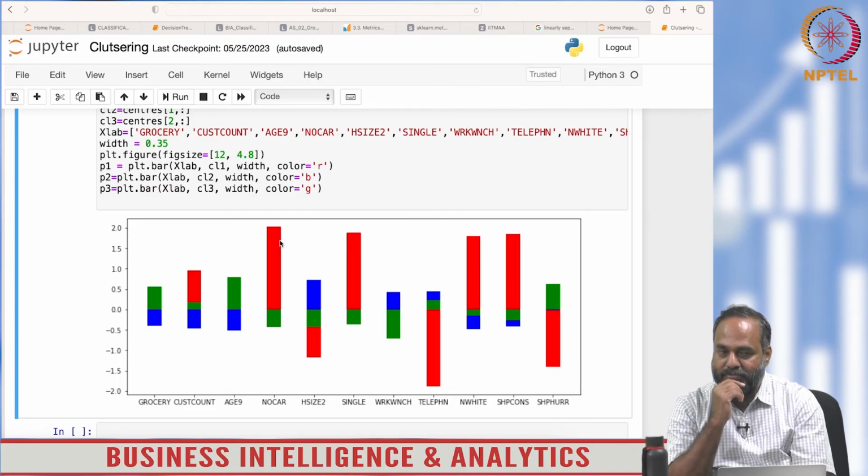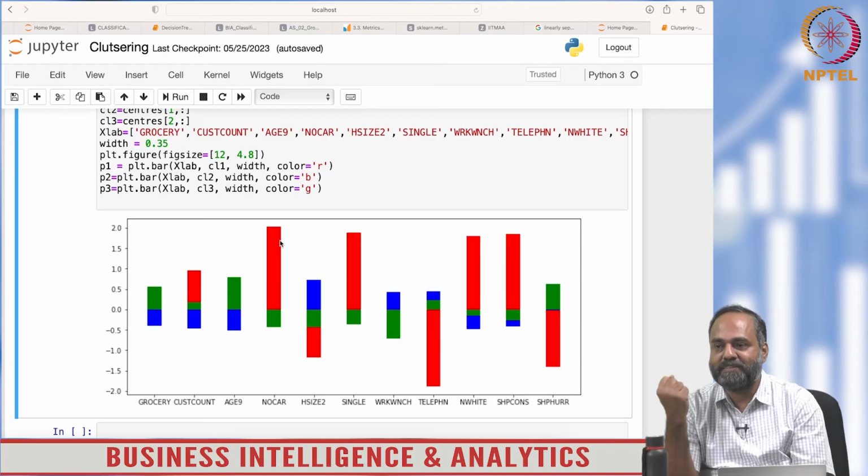In this cluster of stores, most customers don't have automobiles, and there is a large concentration of singles, but households of size 2 are very low. Those having a telephone are also low. They are constrained shoppers, and there is also a racial profile, in that the non-whites are very high.